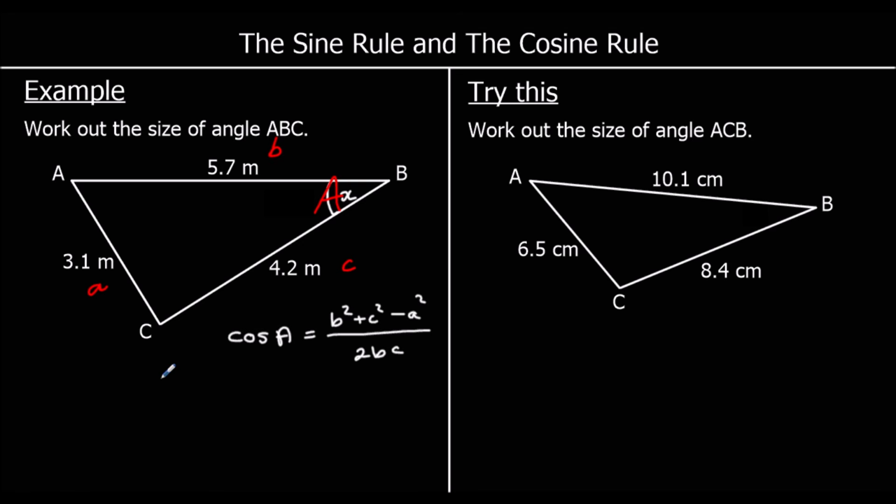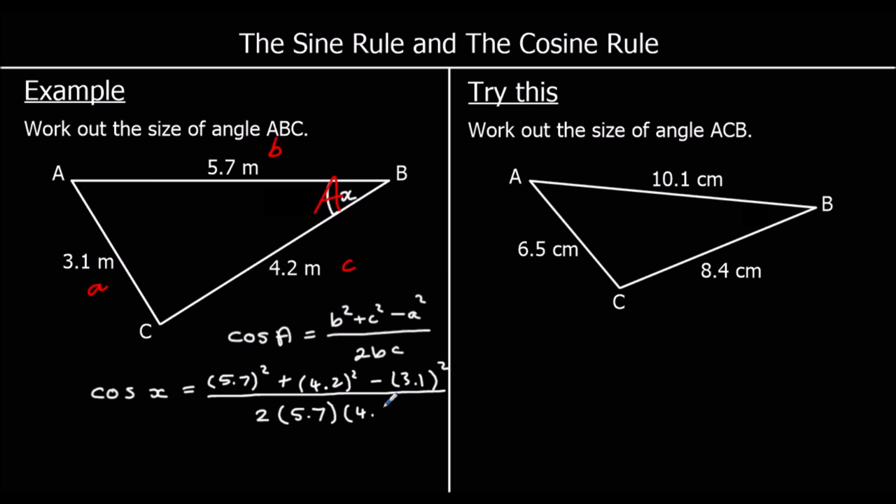So let's substitute in. So we've got cos x equals b squared. So 5.7 squared plus c squared, which I've got as 4.2 squared, minus a squared, which is 3.1 squared. And that's all over 2bc. So 2 times 5.7 times 4.2.